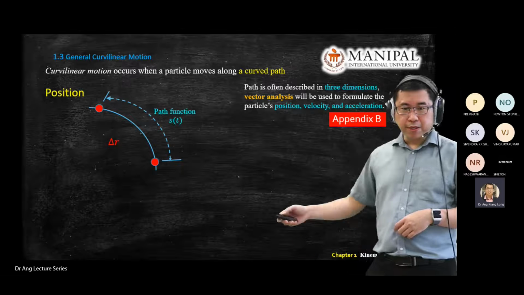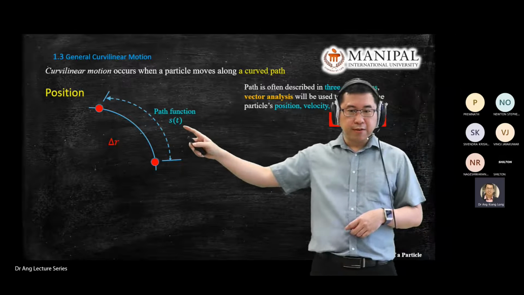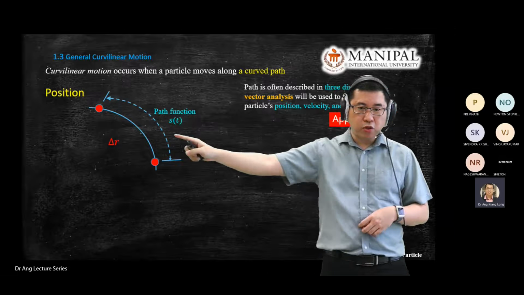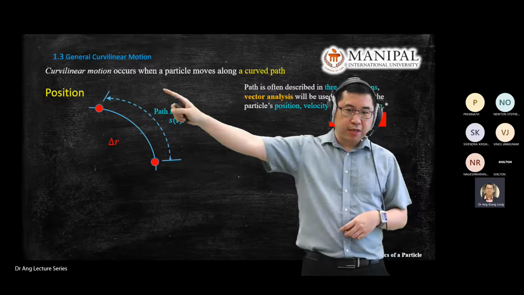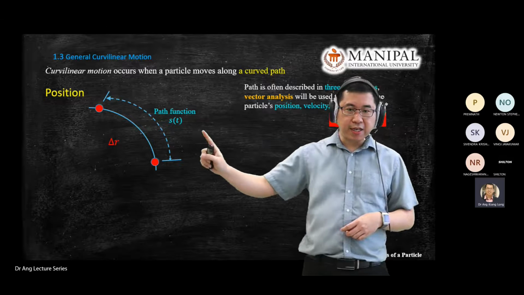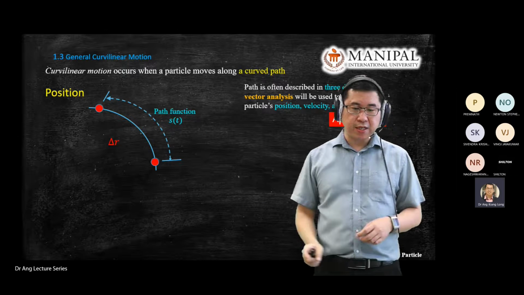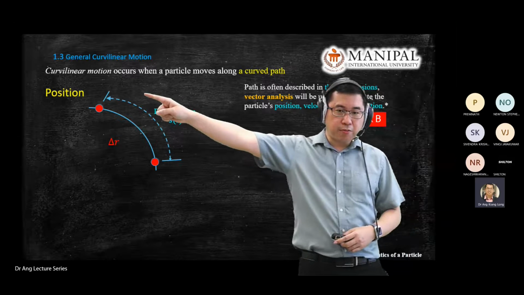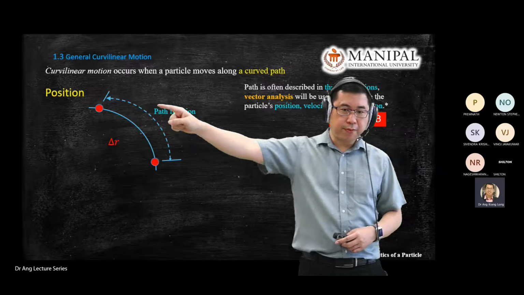Okay. First thing, path, position. When a particle moves from the origin to a new location, we can define it as a function of t. That's why there's a bracket of t there, meaning the particle moves from one location to another.